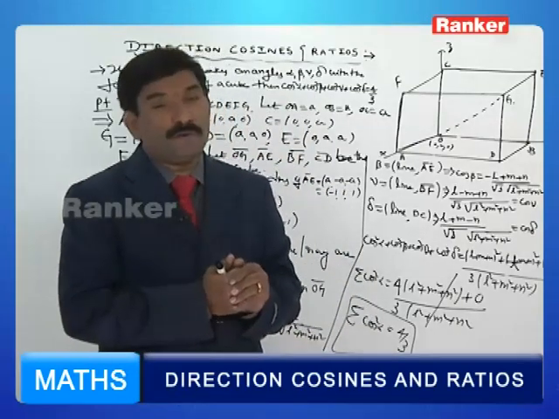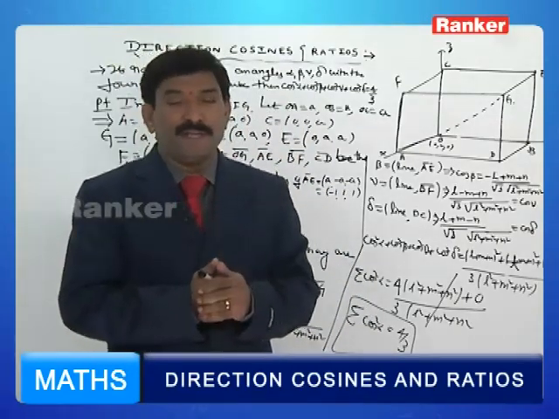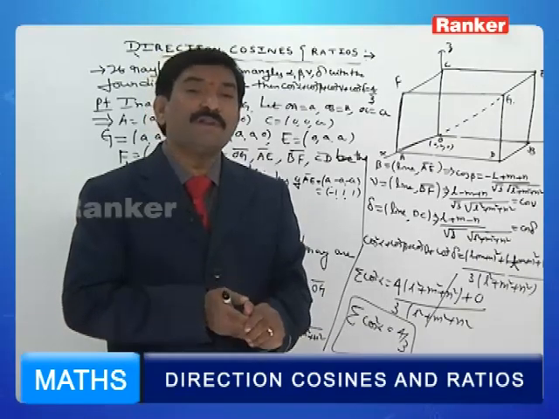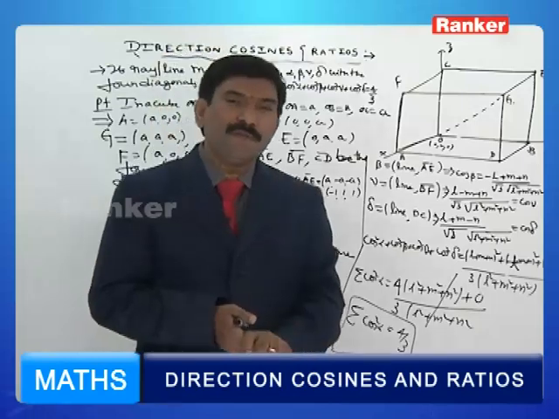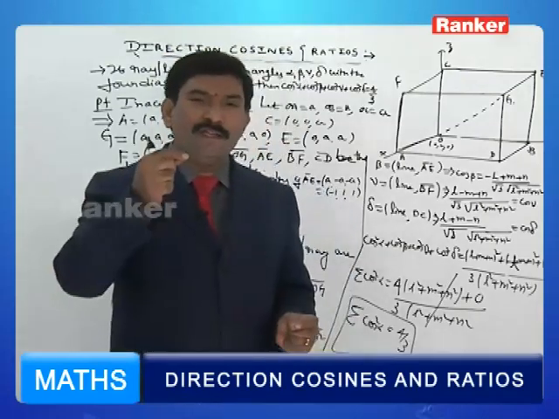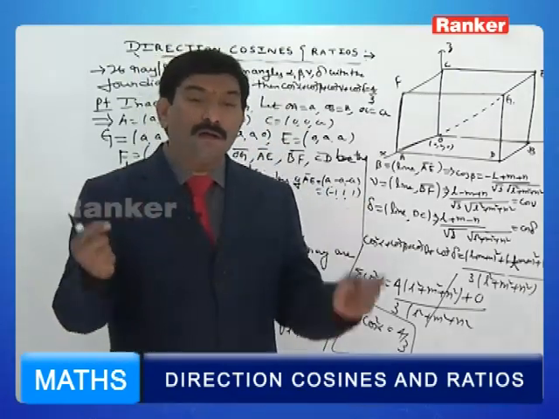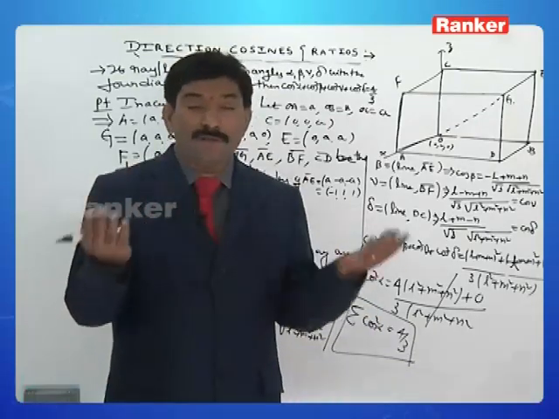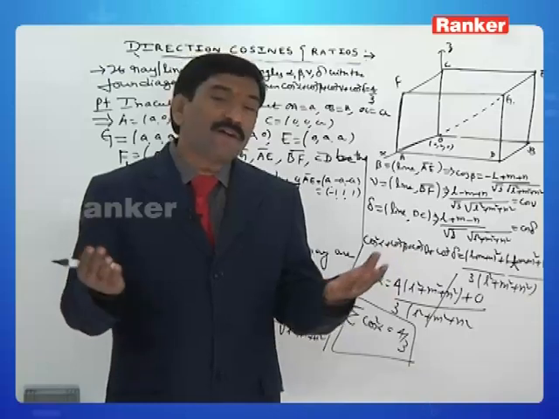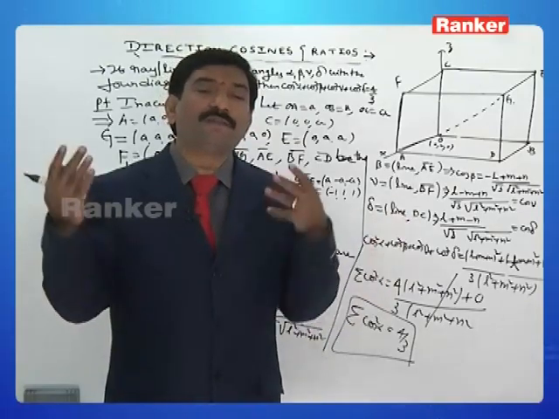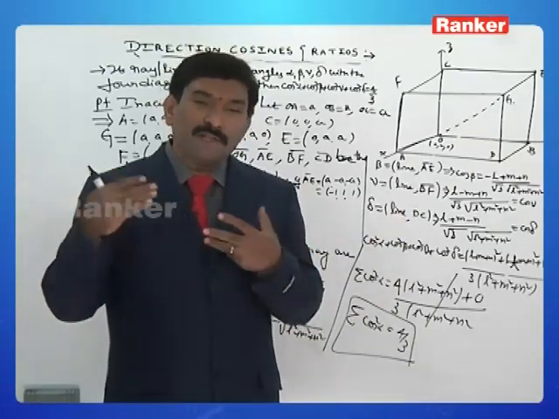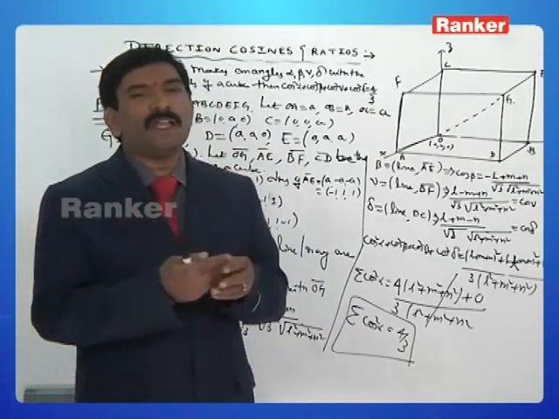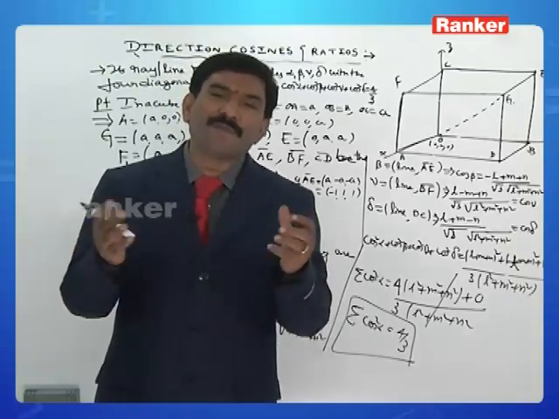The required line, which makes angles alpha, beta, gamma, delta with the 4 diagonals, must also have direction ratios, because we are finding the angle between 2 lines in terms of direction ratios.